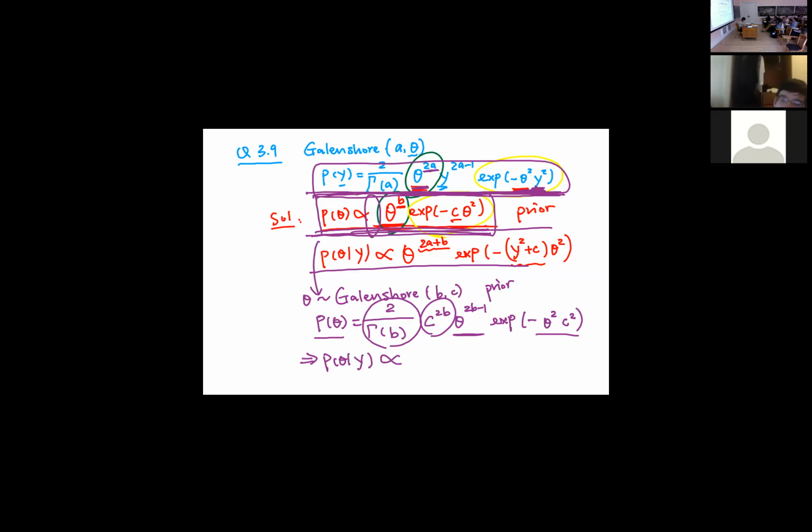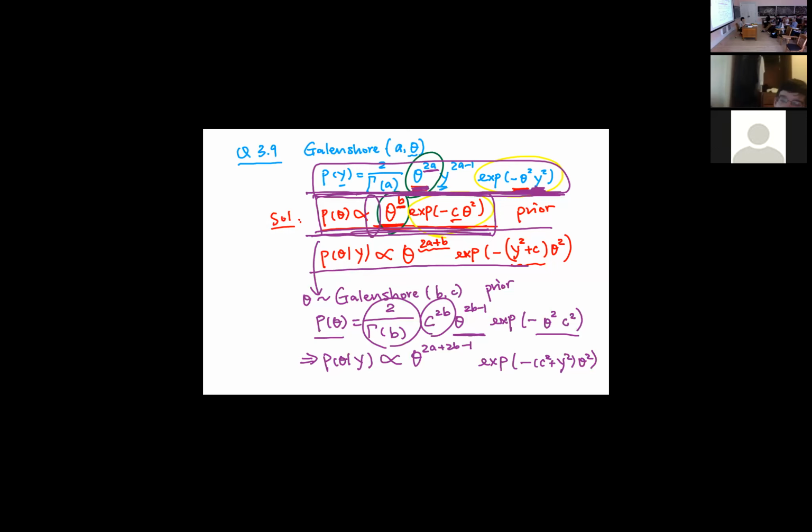Let's just write proportional. In the prior, it's theta to the power of 2b minus 1, and in the data, it's theta to the 2a. So it's going to be 2a plus 2b minus 1, right? And the exponent is going to be c squared plus y squared, and then theta squared. And that will work just as fine, because this will be another Galen-Shor.